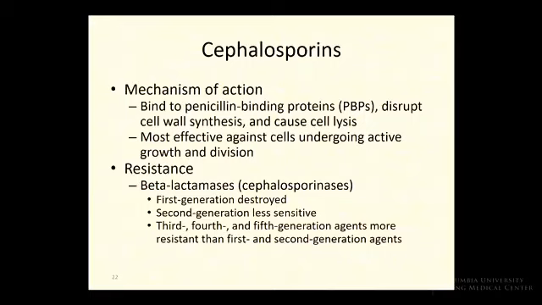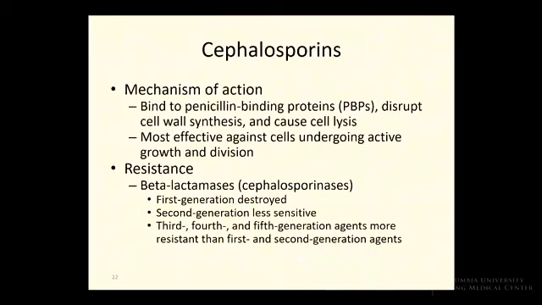So not only will the cephalosporins also be vulnerable to the beta-lactamase, okay, that same enzyme that can digest penicillins, but bacteria that have altered penicillin binding proteins will also be resistant to a certain extent to some of the cephalosporins. Okay. And the cephalosporins, like penicillins, are most effective against cells that are undergoing active growth and division.